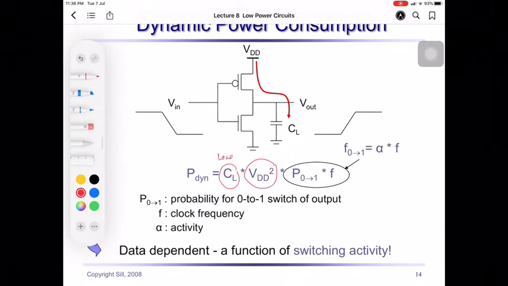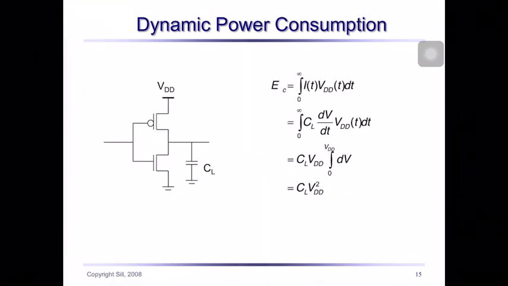The three parameters are capacitive load, VDD squared, and the switching. Energy is power times time, so you can integrate, and this simplifies to CL multiplied by VDD squared.